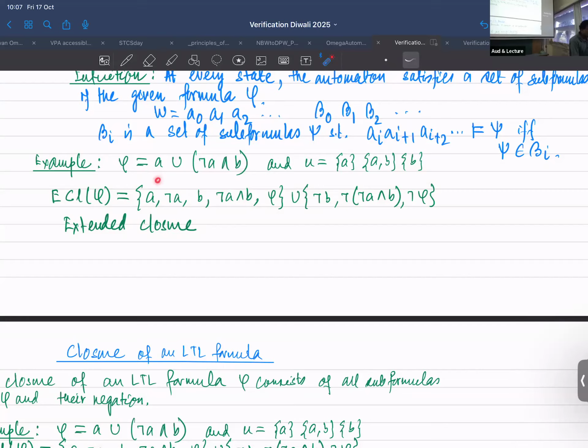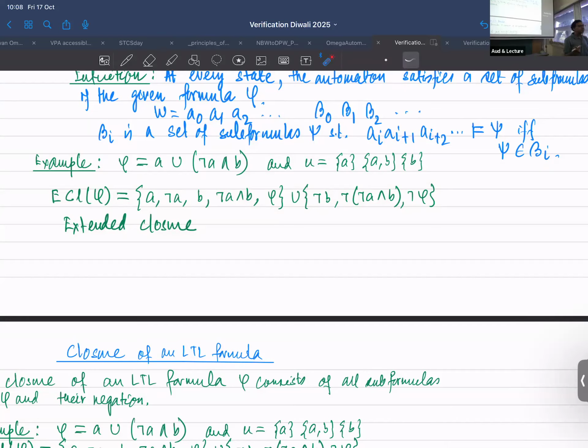So you have phi 1, phi 2, the entire phi, and the conjunction. And you also take their negations: negation of B is not here, so you add that, and negation of the conjunction, and negation of phi. Negation of A is already included.